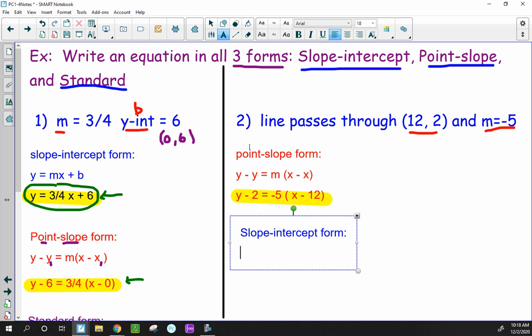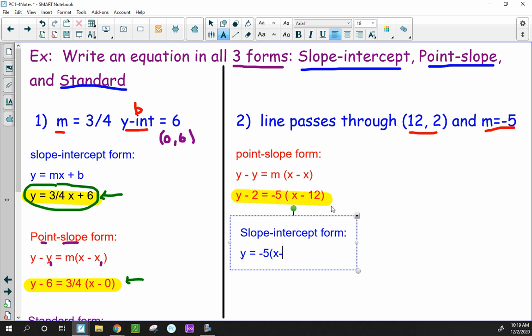One, since I did start with point slope form and I already have an answer here, I could take the slope intercept form, which is y equals mx plus b. I have a y and I have an x in this answer, so I really could just transpose this -2 across, simplify it, and put it in that form. And so I'm going to do that first. I'm going to take the above equation, recopy.